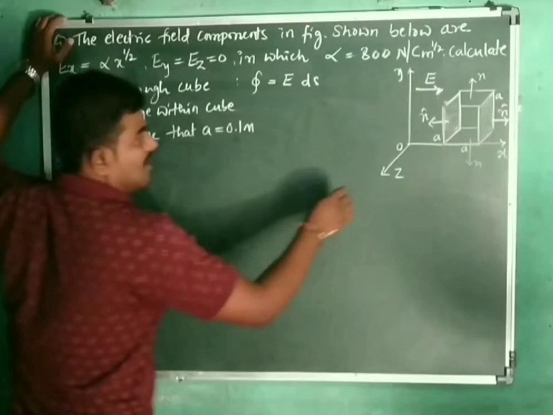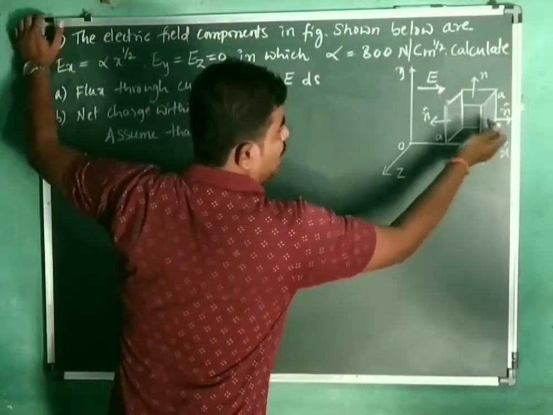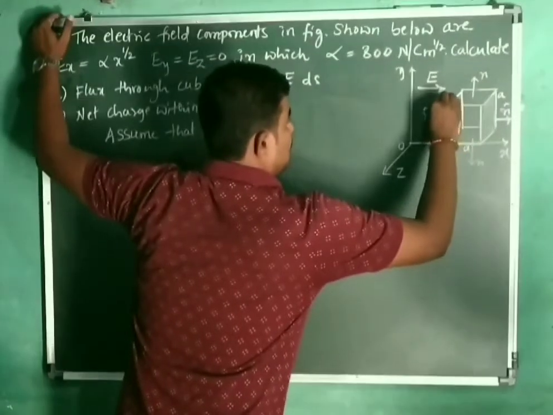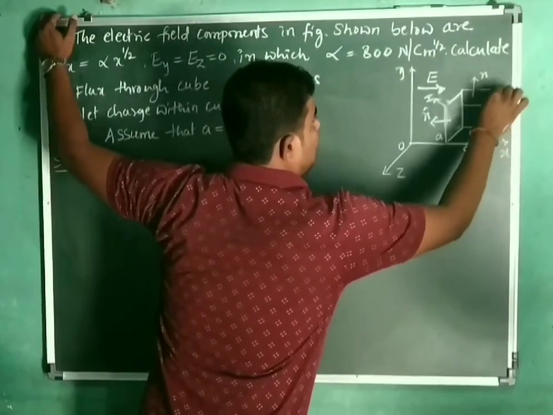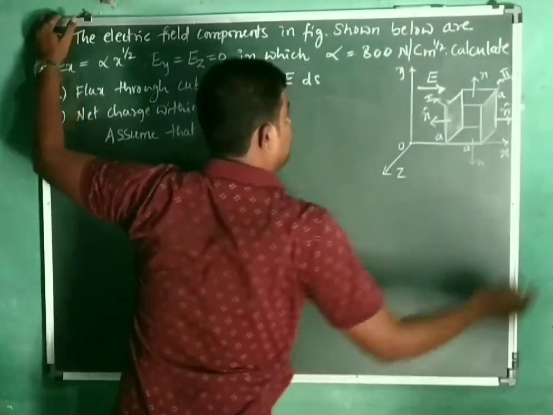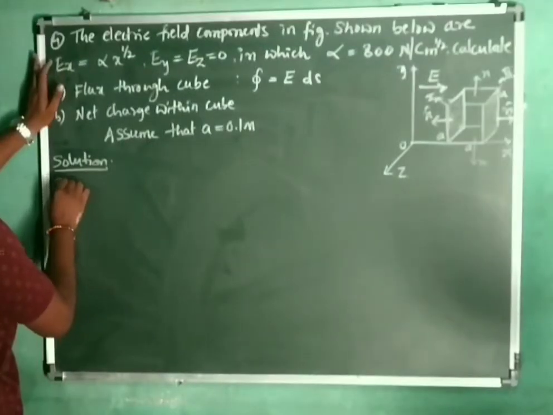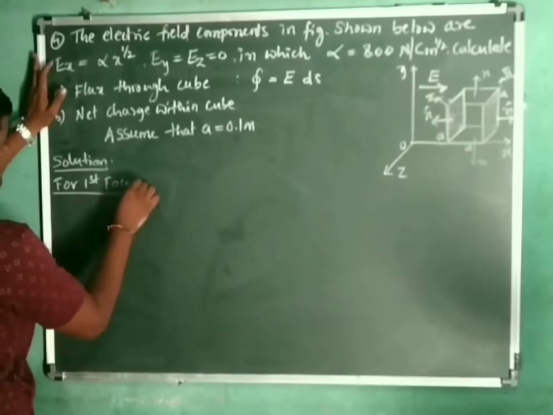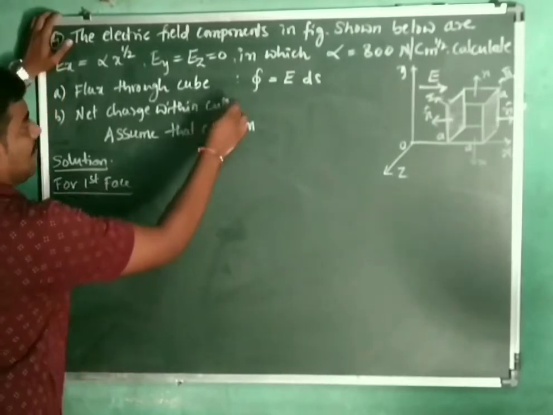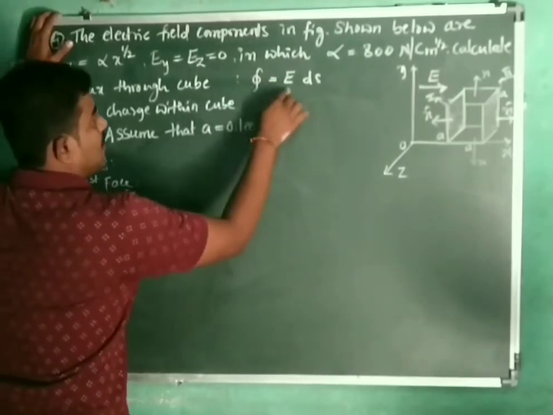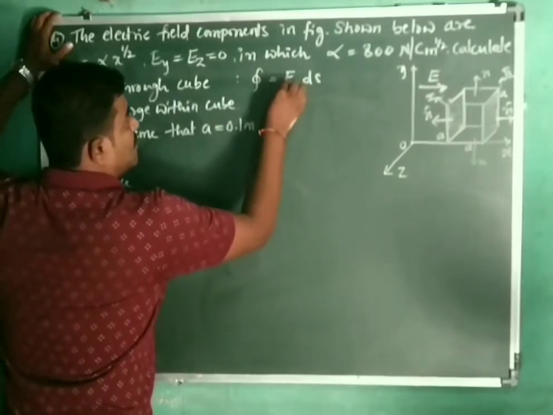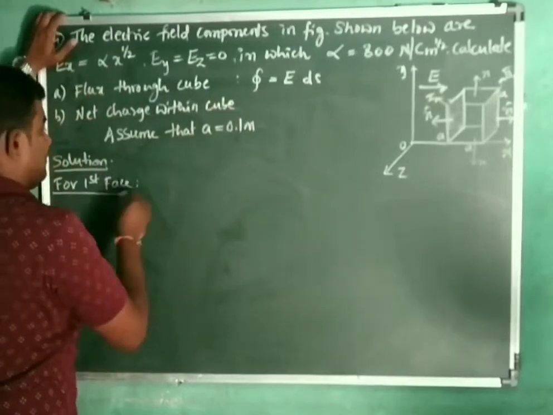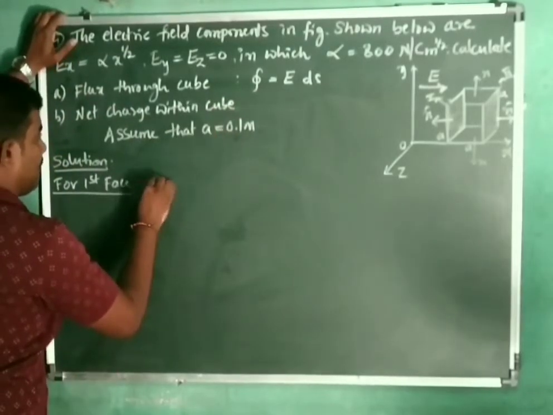So we shall calculate the flux linked with only these 2 shaded faces. Let us call this the first face and this one the second face. For the first face, the flux formula is phi equals E into dS. First we need to know what E is, and then we can calculate flux. So first we calculate the electric field.